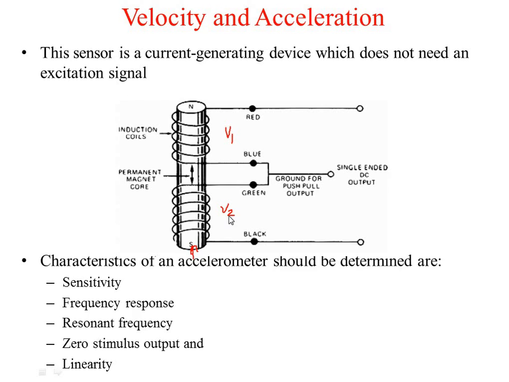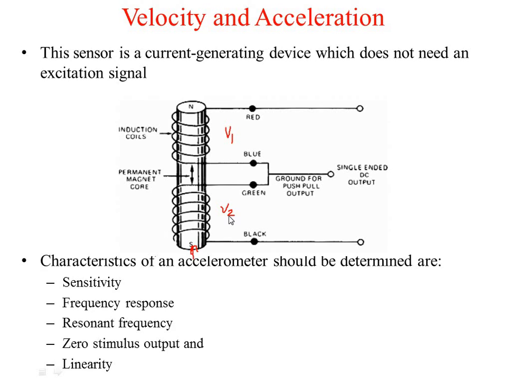The characteristics of the accelerometer should be determined by its sensitivity, frequency response, resonant frequency, zero stimulus output, and linearity. So whenever you are designing or selecting an accelerometer sensor, these are the main 5 characteristics you need to consider.